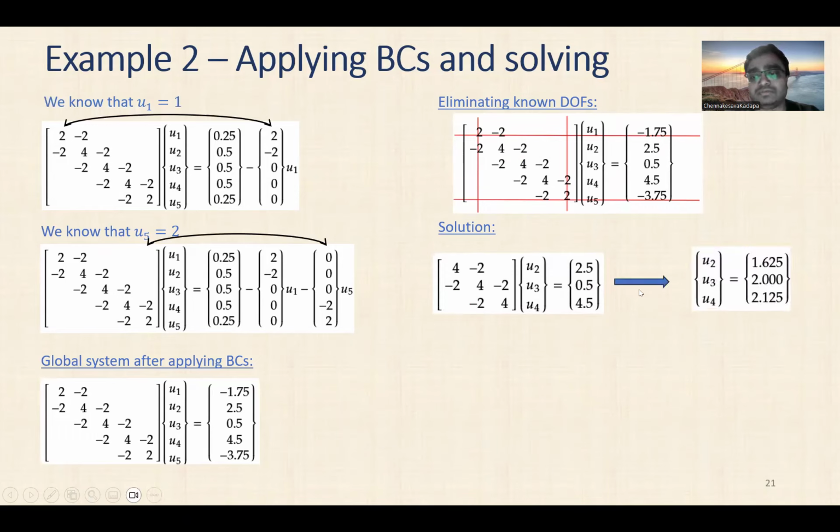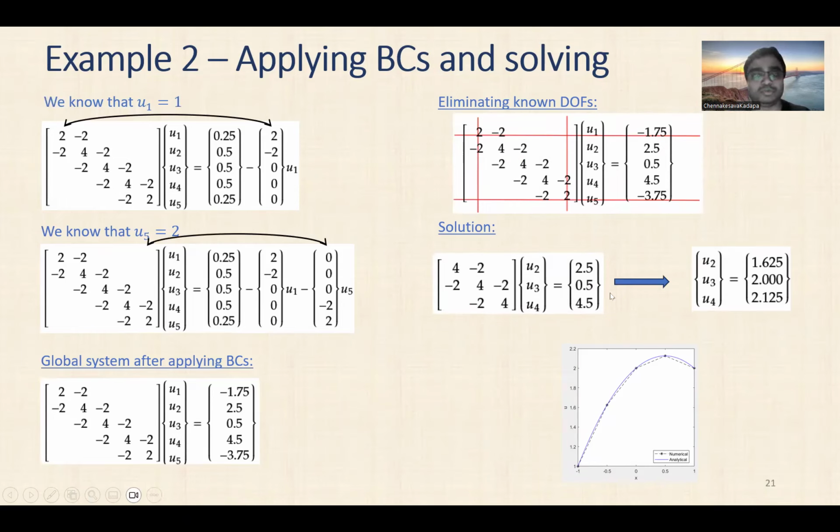Then we solve for it and get the solution. Note that the solution should be different because the problem is different. Then we can plot the solution. Now it is no longer 0, 0 on the ends. On the left the value is 1, on the right the value is 2. It should satisfy the boundary condition.